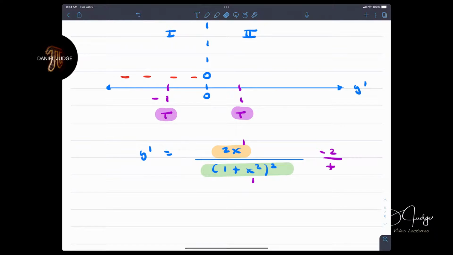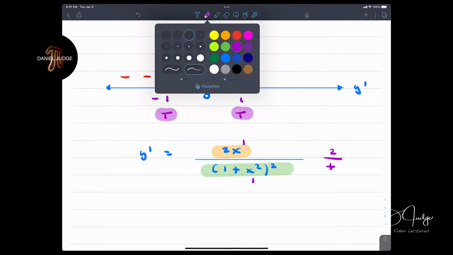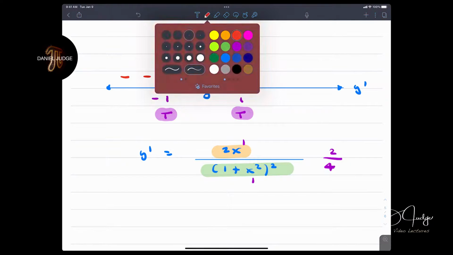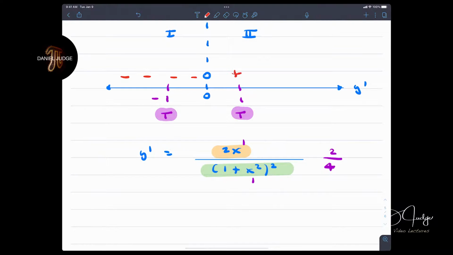Repeat the process. But this time, 2 times 1 is 2, and then 1 squared is 1. 1 plus 1 is 2. 2 squared, that'll be 4. It's 2 over 4, which is 1/2, so region 2 is positive.